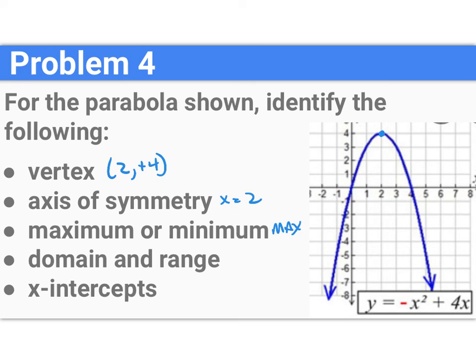You start at negative infinity and go to positive infinity. Our range goes from negative infinity all the way to +4. And then the x-intercepts are here at 0, 0, and 4, 0. So 0, 0, and 4, 0.